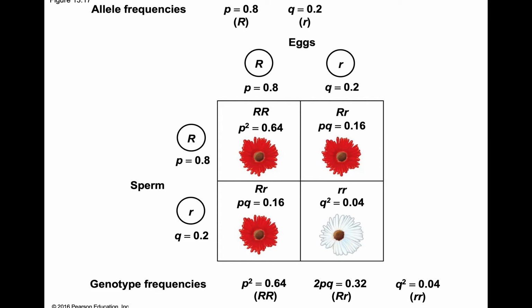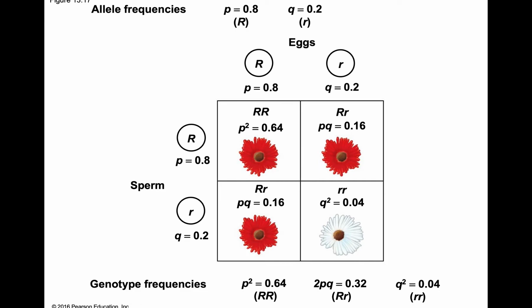So the way we do this is you have to be given certain allele frequencies. The information you see at the top for P and for Q, the capital R, the little r, has to be provided to you. That means somebody has done the evaluation, and this is what they found. For P, they found 0.8, and for Q, they found 0.2.